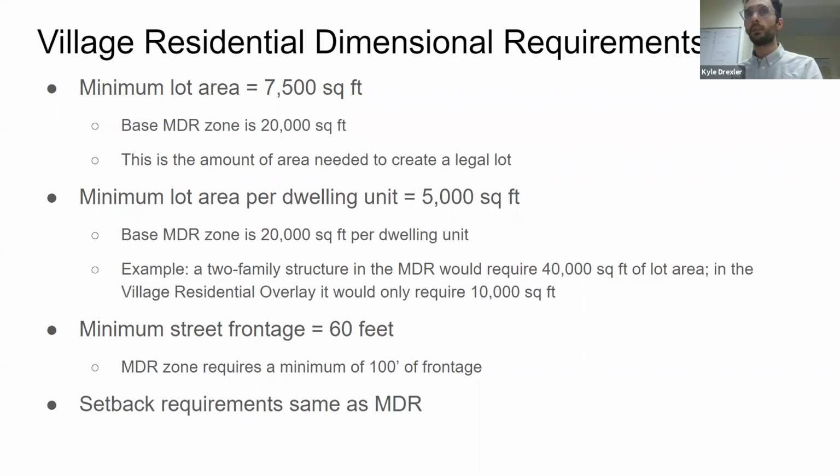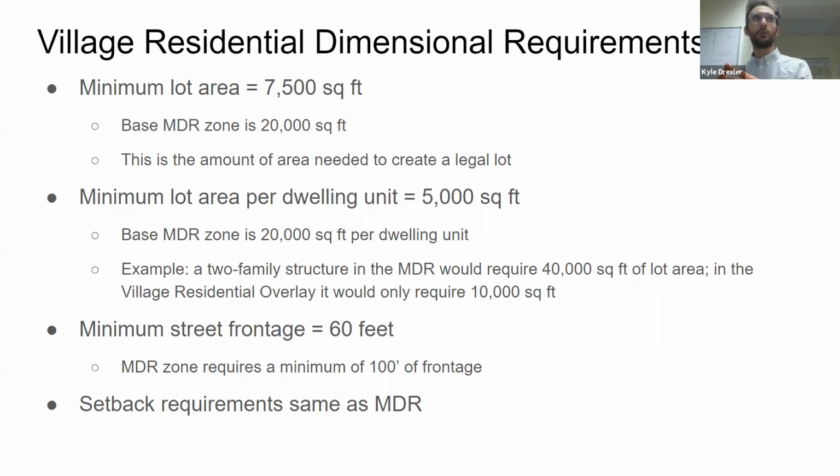So that would be the amount of area, lot size, needed to create a legal lot. So if you were dividing off a big chunk of land into a lot and you wanted to build a single family home, you need at least 7,500 square feet. But in addition to that, you have minimum lot area per dwelling unit.